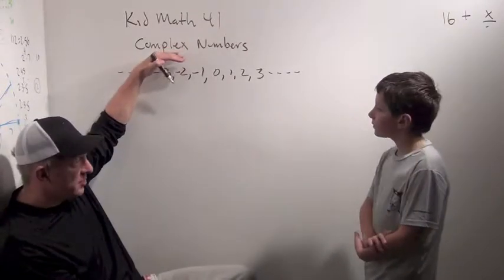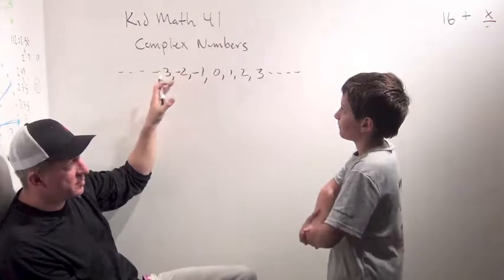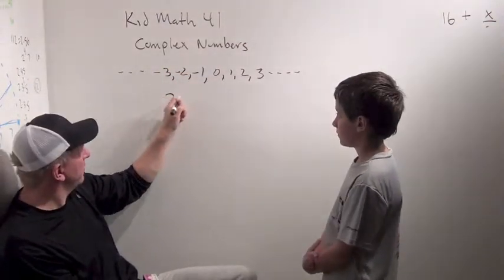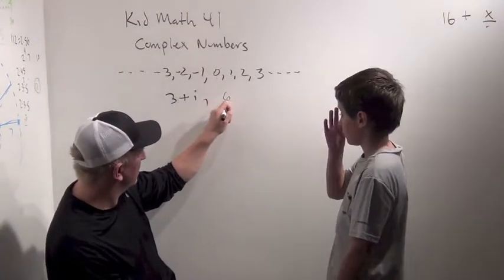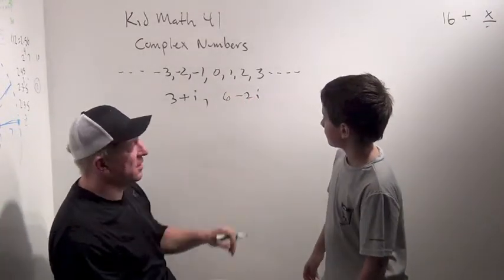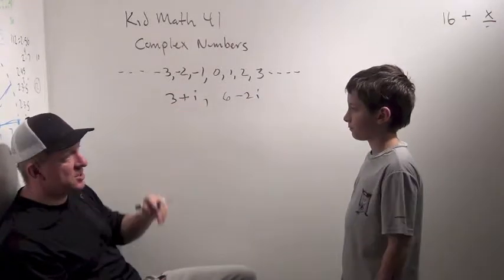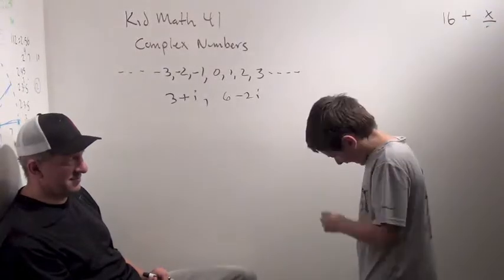For complex numbers, there's something called the Gaussian integers, which are basically complex numbers that have integer parts for both real and imaginary. So like 3 plus i, or, I don't know, 6 minus 2i, etc. So basically, anything that has an integer real part and an integer imaginary part is called a Gaussian integer. Guess who studied those? Gauss.